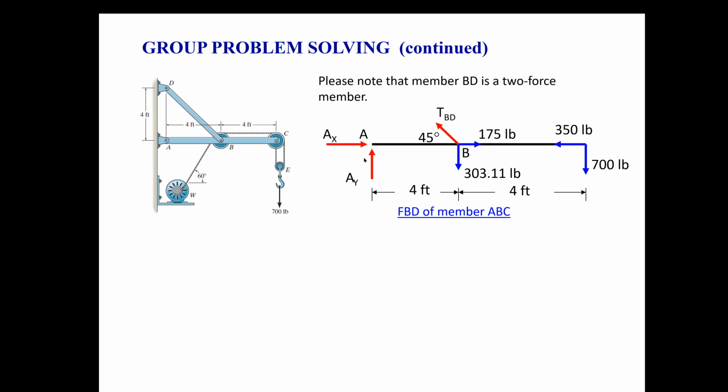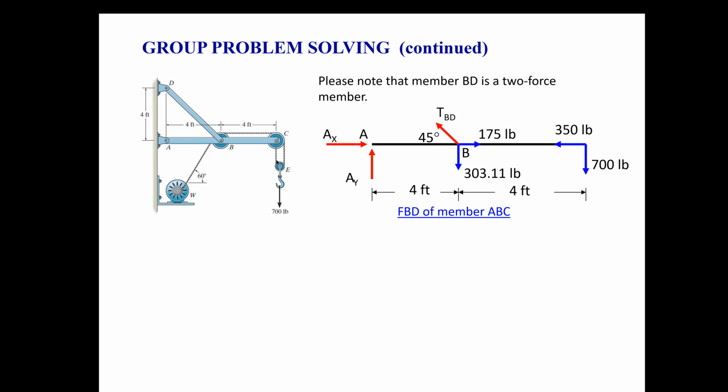And then what's happening over here from C's perspective. Looking at what's happening at C, if you took this and just broke it out, what would you see? You'd have some force going off to the left in terms of the tension, which we previously found. Then you also have the 350 here, but you also have the 350 here, right?